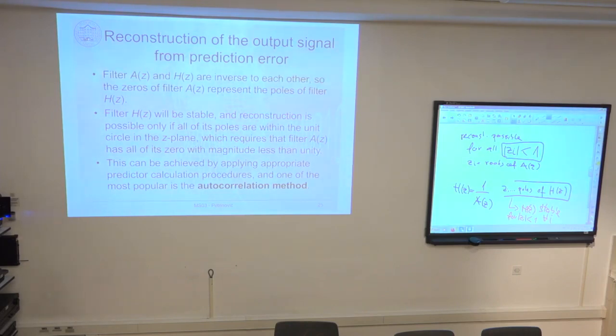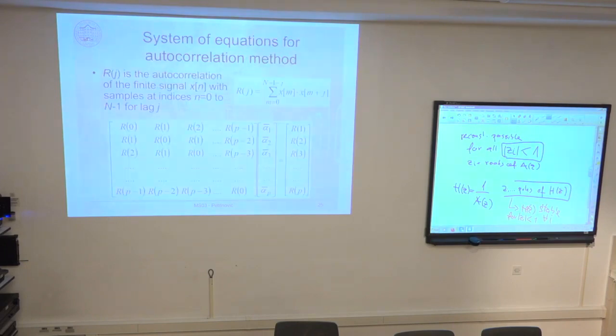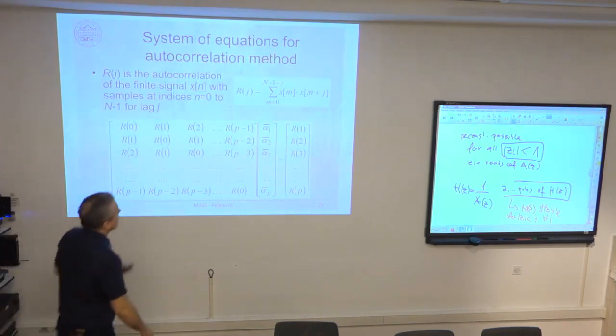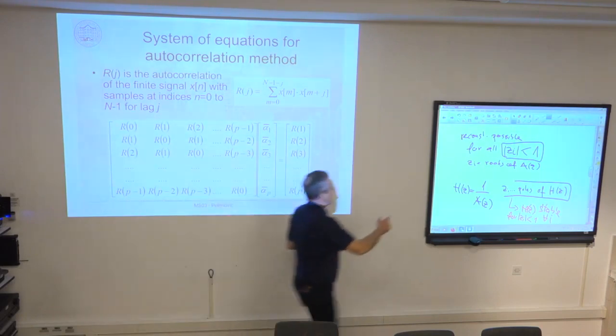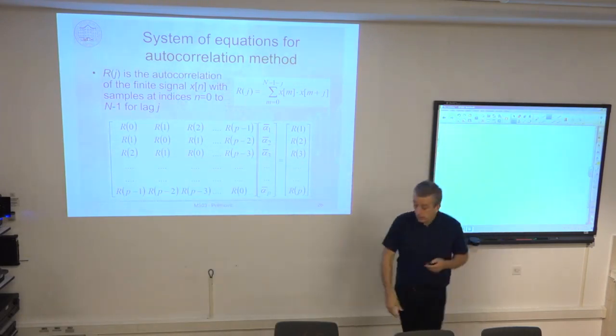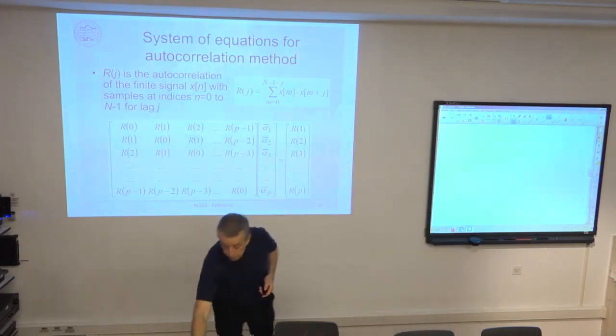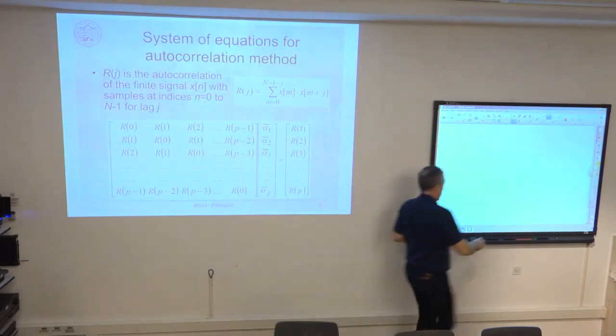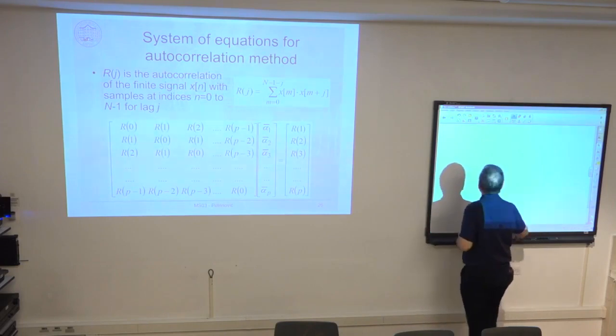Now I will explain the basic idea of this autocorrelation method. It uses a slightly modified form of this matrix equation. I will write the original version of the elements of matrix phi on the whiteboard so that you can compare them with the autocorrelation version.